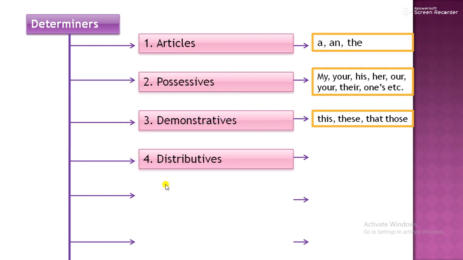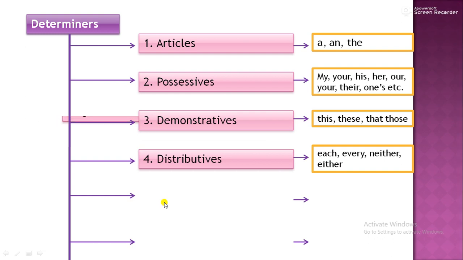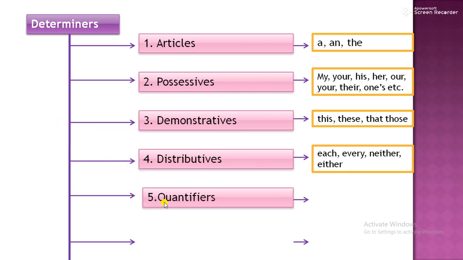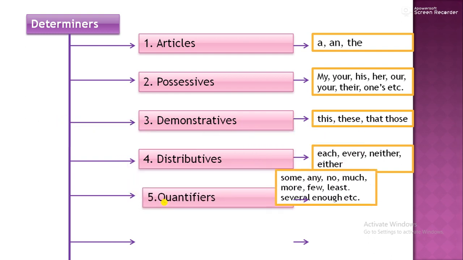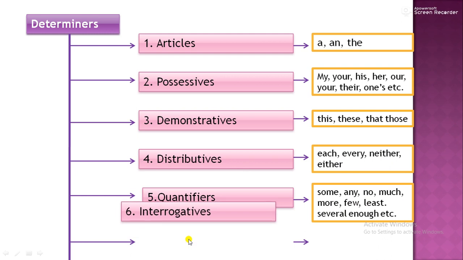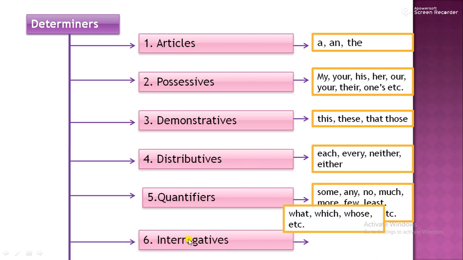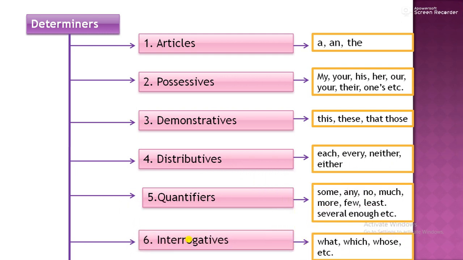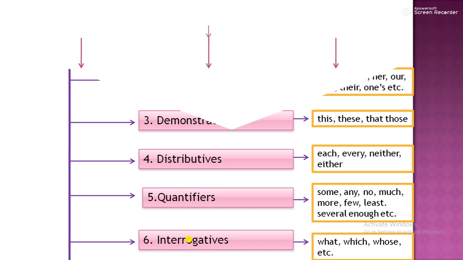Next type is distributives: each, every, neither, either. Next, quantifiers: some, any, no, much, more, few, least, several, enough, etc. Interrogatives: what, which, whose, etc.